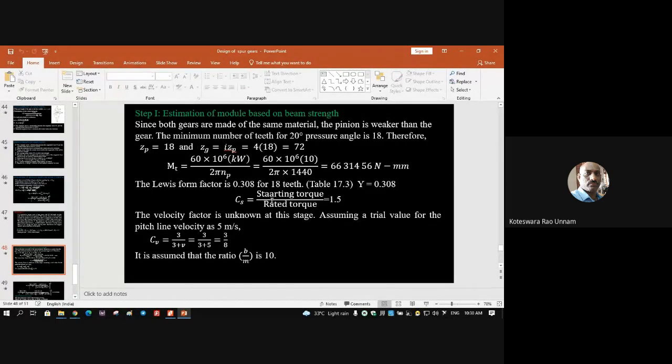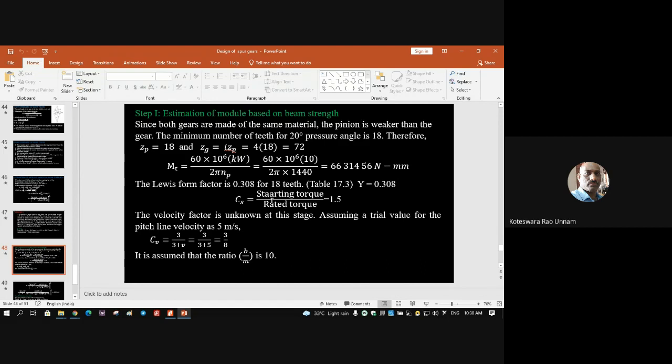MT, and you can see the circular pitch formula has also been given: PC is equal to pi into d by z. The diametral pitch formula is also given: PD is equal to z by d. Small y, in that notation, is the form factor, then YV is the form factor for virtual number of teeth. Z1, Z2 are the number of teeth on pinion and gear.